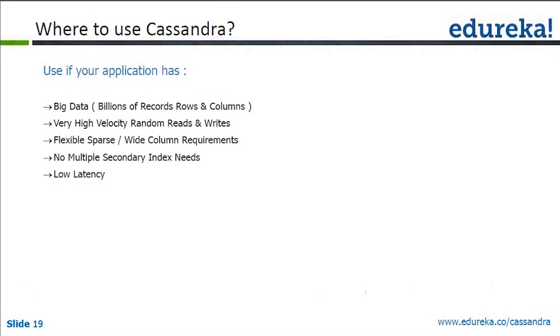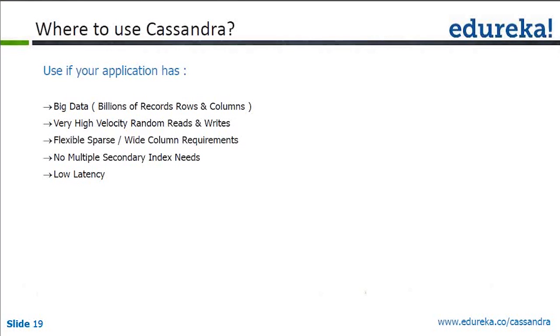What are the use cases where Cassandra is a good fit? Where you have billions of records and columns, like big data, and the velocity is high, I mean the pace at which read and write operations are happening is very high. Cassandra can be a good fit for those applications. Also if you have wide column requirements, and you might want to change your schema once in a while.